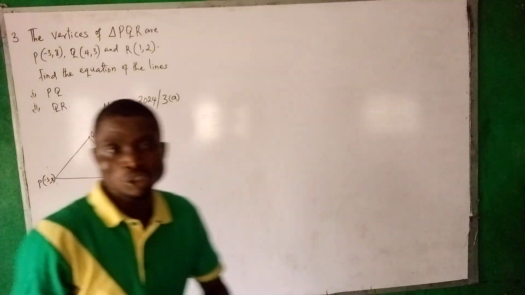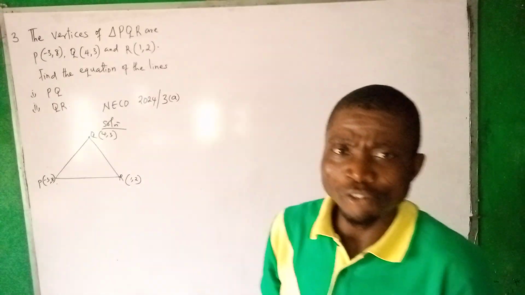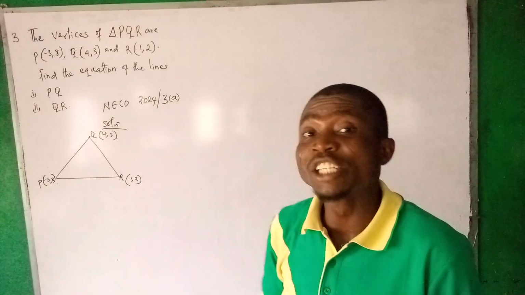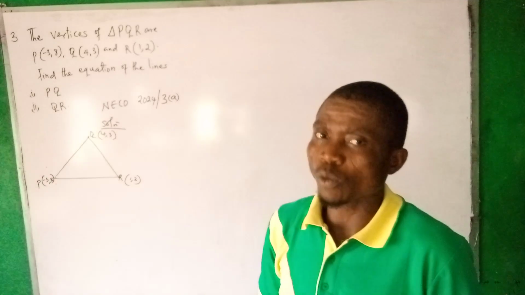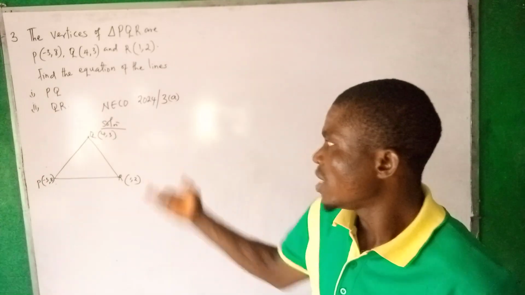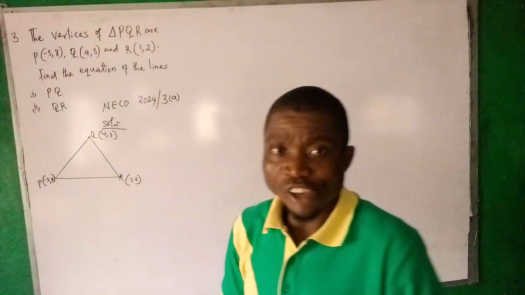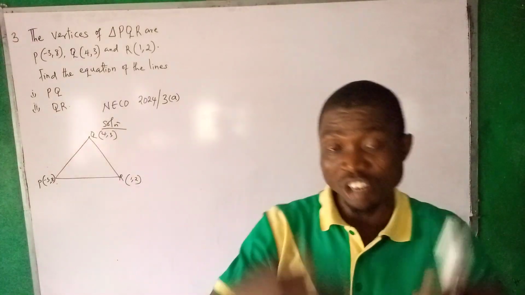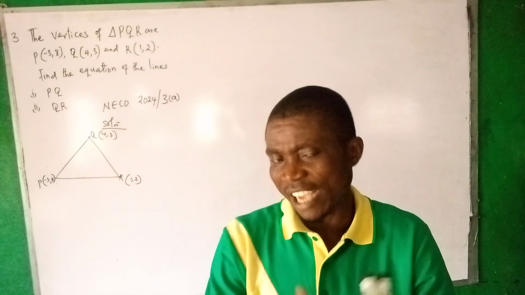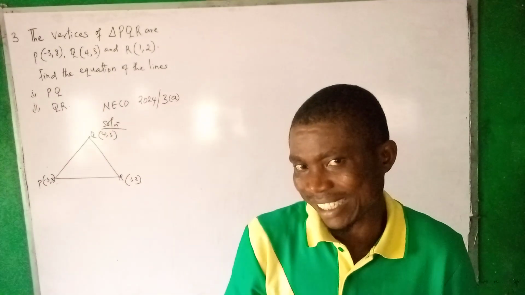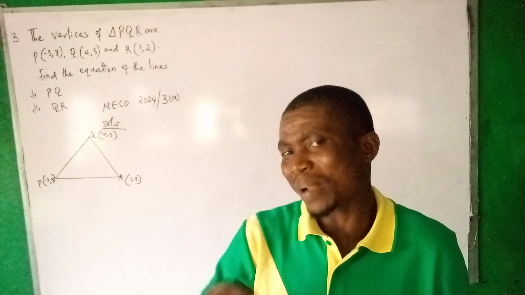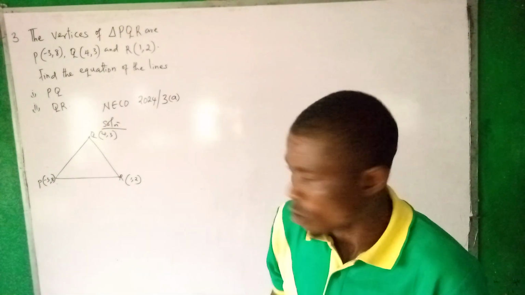In one of my videos I gave a few teachings on this topic, coordinate geometry 1. So you have to go and watch that particular video. Now let's solve this one. In that video, I told you that to get the equation of a straight line when 2 points are given, I gave you the formula. We are going to apply the same formula to this one.